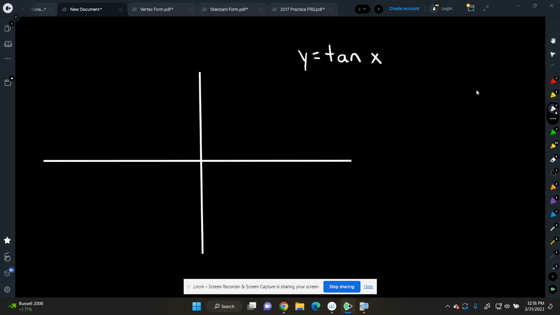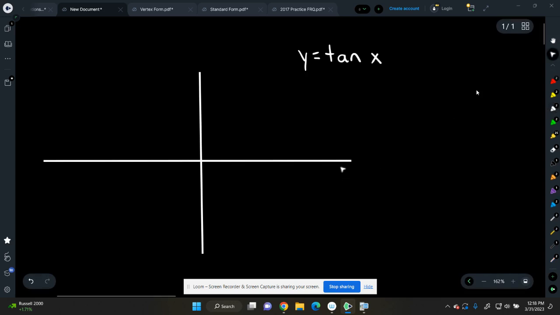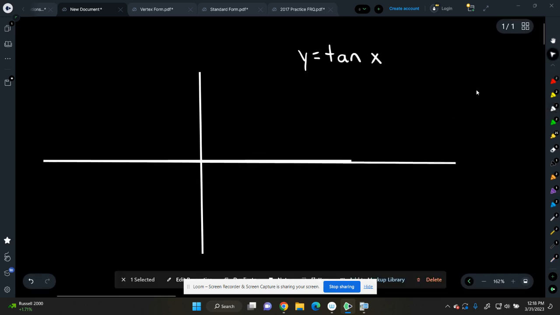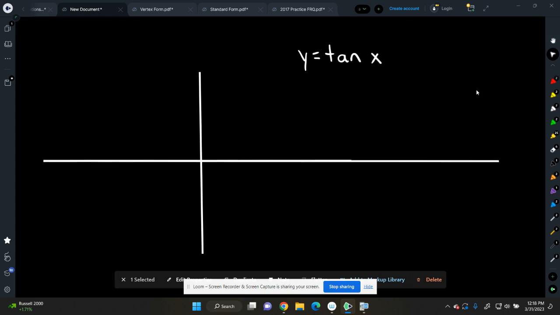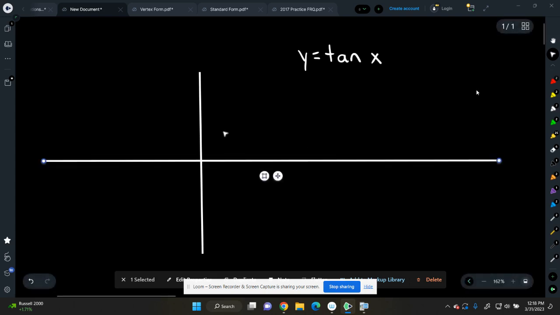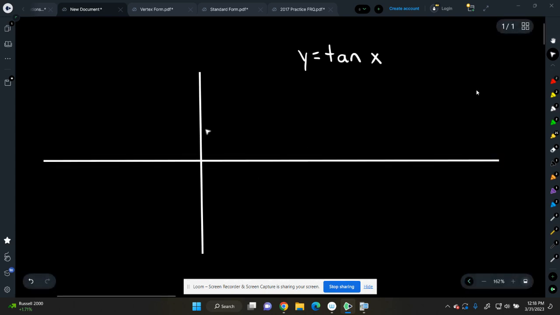Because what's the period of sine and what's the period of cosine? 2 pi, right, 2 pi. So your basic sine curve has a period of 2 pi. What does that mean? It completes a cycle every 2 pi. It completes one full cycle in 2 pi units. That's what that means, okay?